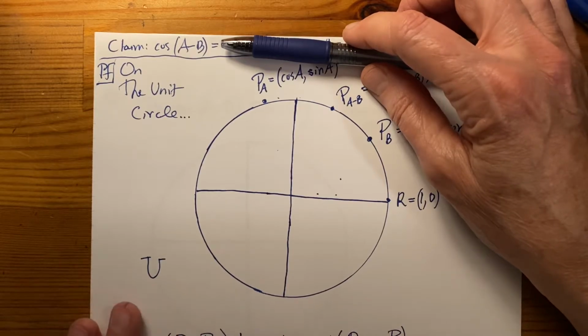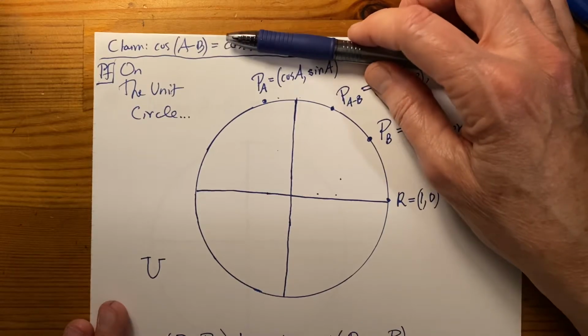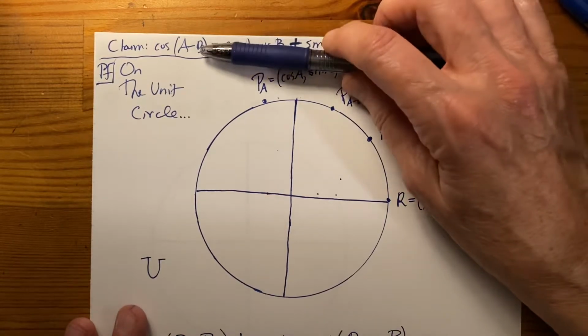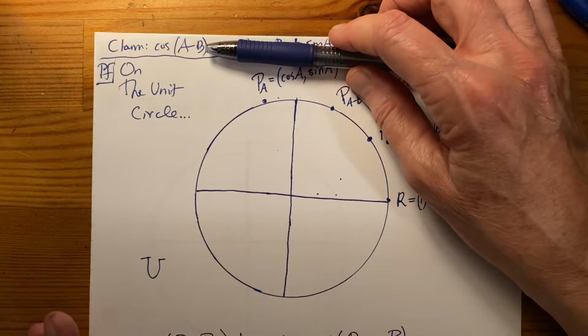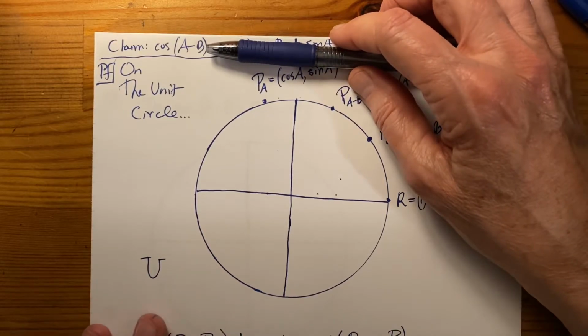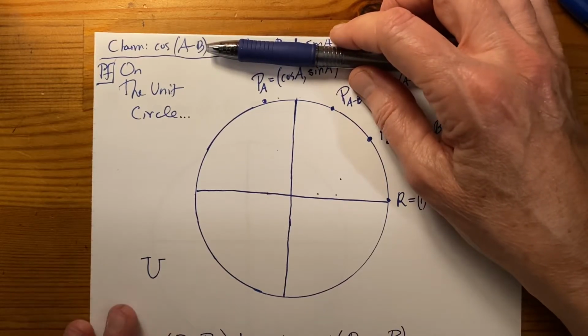But if you just look at A minus B, where A is pi over 2 and B is pi over 6, their difference is pi over 3.